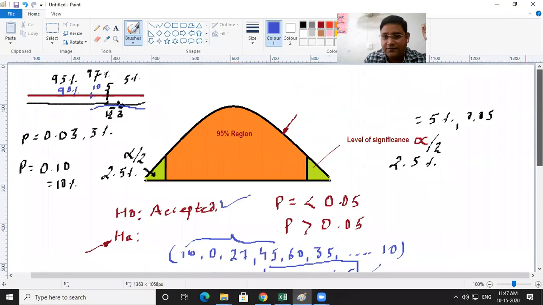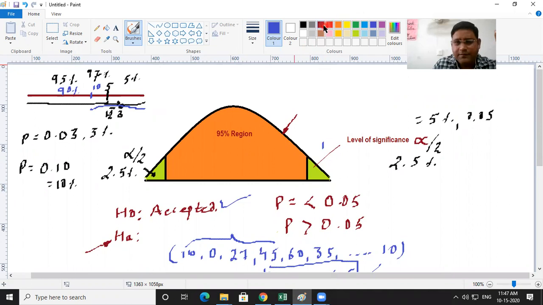If it is less than 5%, then I will fall in this green area. And when I fall in this green area, it means the null hypothesis will be rejected, because I have more than 95% confidence. I have evidence.